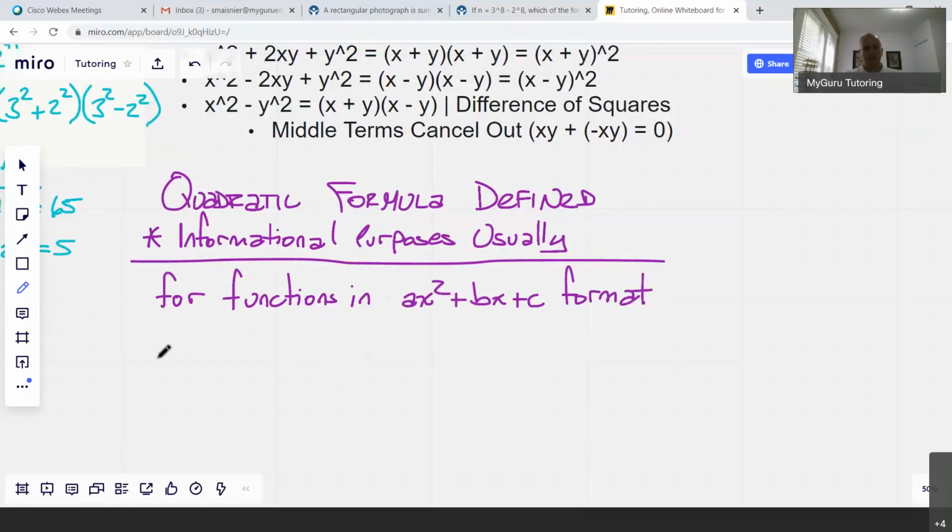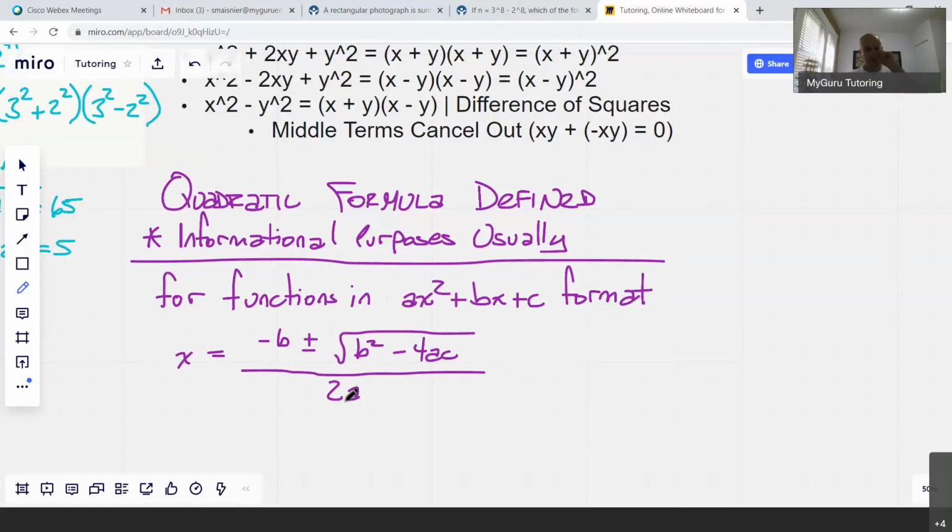So x we know is going to be equal to negative b plus or minus the square root of b squared minus 4 times ac, all over 2a.